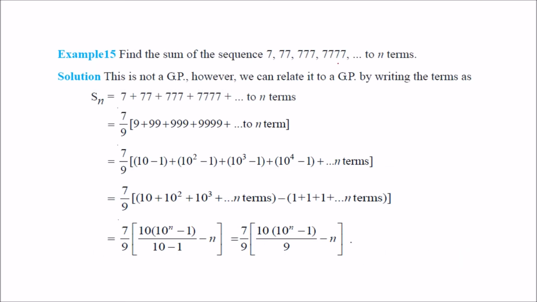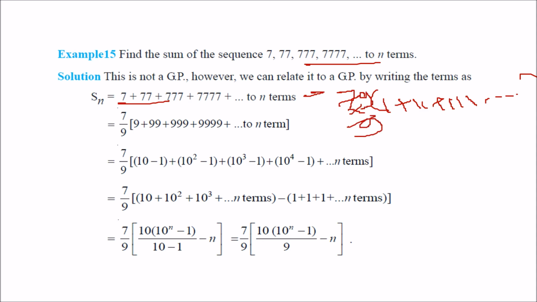The sum of sequence of this 2 n terms. So how to get the answer of this? Take 7 as common. You get 1 plus 11 plus 111 dot dot dot. You have taken 7 as common. Now multiply numerator and denominator by 9 and take 9 inside. So you get 9, 99, 999, with 7/9 outside.